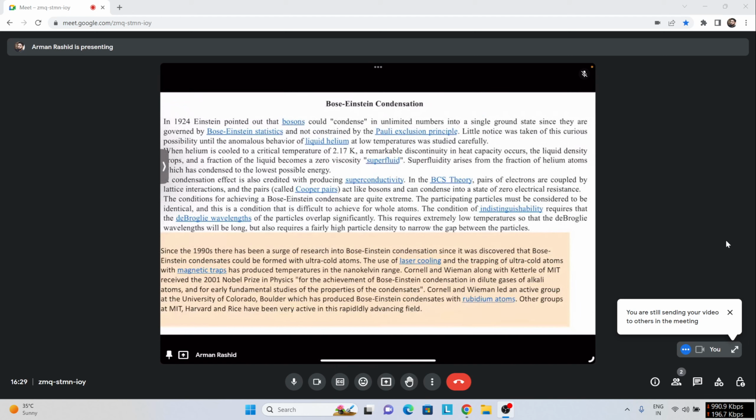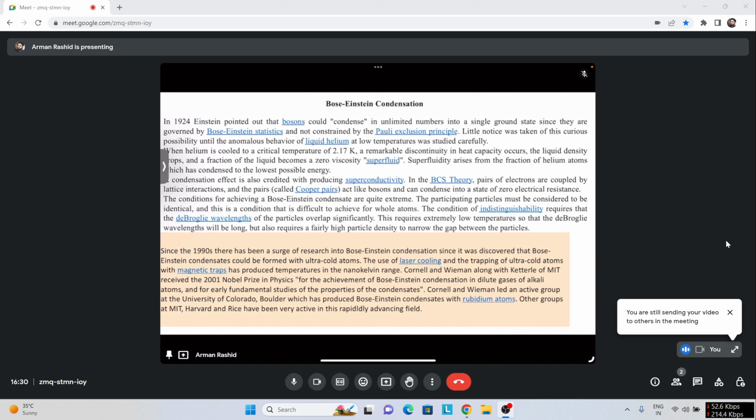Little notice was taken of this curious possibility until the anomalous behavior of liquid helium at low temperature was carefully observed. When helium is cooled to a critical temperature, a remarkable discontinuity in the heat capacity occurs. Heat capacity is the energy required to change the temperature of a particular amount of substance by 1 degree.